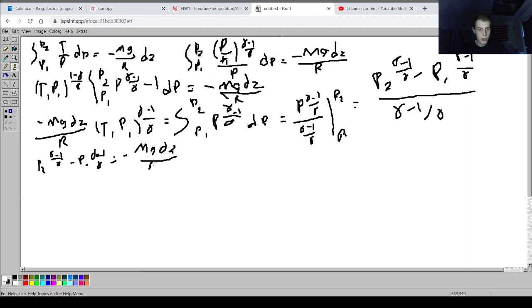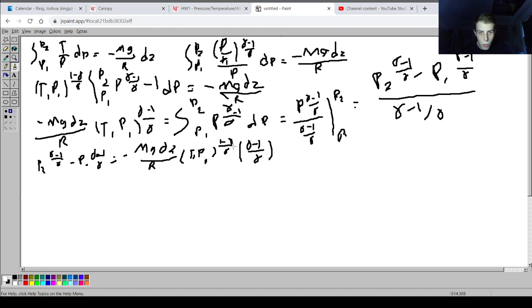All of this is still over r. And now this is going to be multiplied by still the T1 P1 to the power of 1 minus gamma over gamma. Oh, yes, that is correct. Multiplied by gamma minus 1, this thing right here, over gamma.